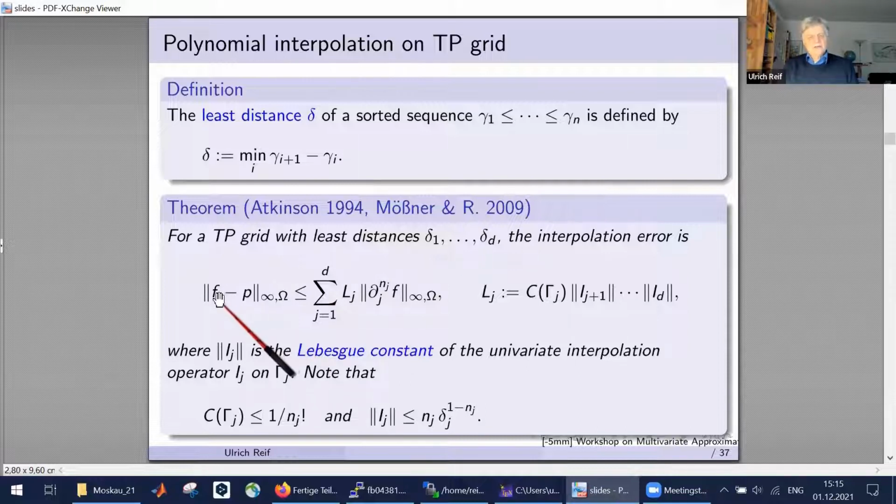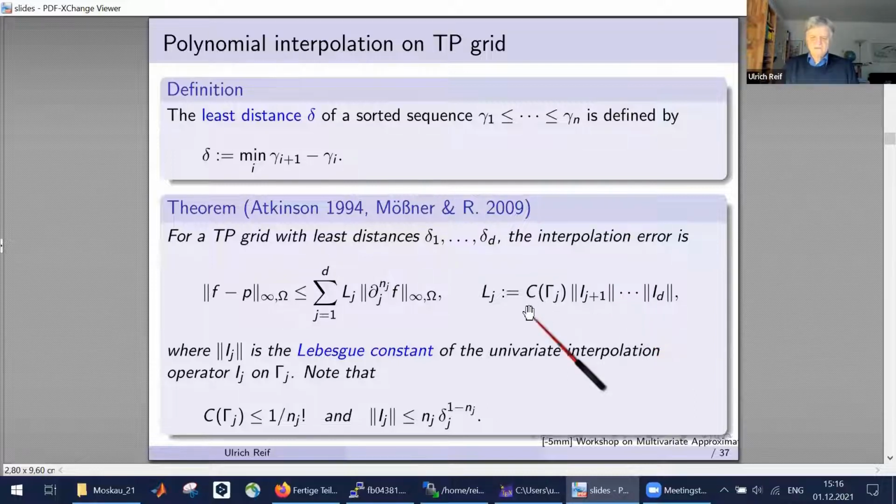The approximation error, always measured in the sub-norm, can be bounded that way. We have only the pure partial derivatives. This is the good news, but the factors in front of these partial derivatives include the Lebesgue constants of the univariate interpolation operators.